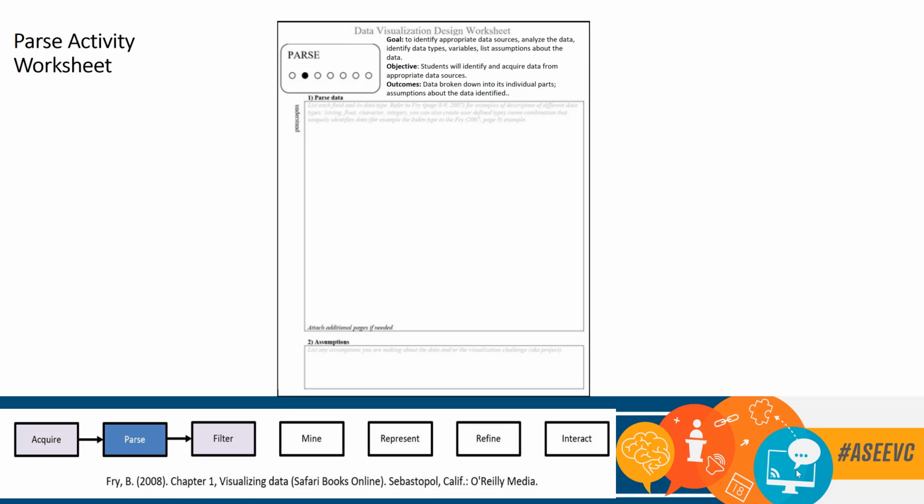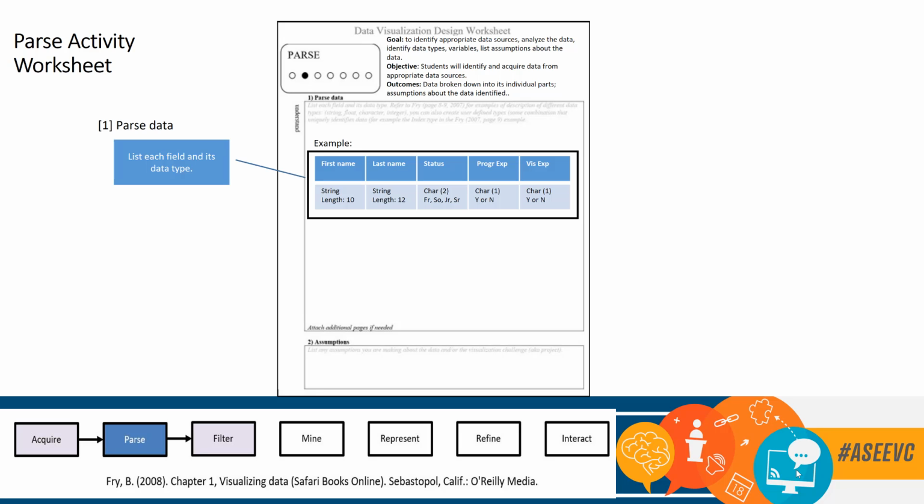In the parse stage, each piece of data needs to be converted to a useful format. The goal of the parse activity worksheet is to understand the structure of the data. The objective of the worksheet is to change data into a format that tags each part of the data with its intended use.